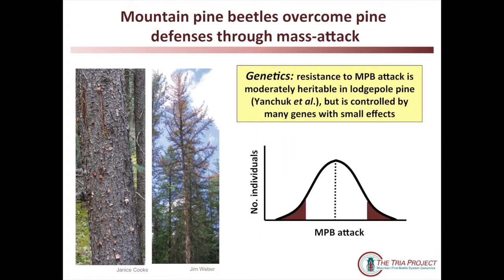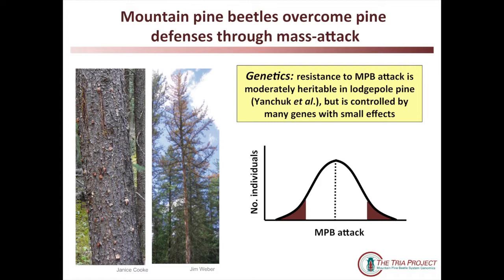So we know from some recent work that Alvin Yanchuk's group has done that there is a moderate genetics component to resistance in lodgepole pine. This is work that was done just outside of Prince George at the Red Rock Nursery in a full partial diallel provenance study where the epidemic came and went, and so they saw moderate heritability for resistance to initial attack.